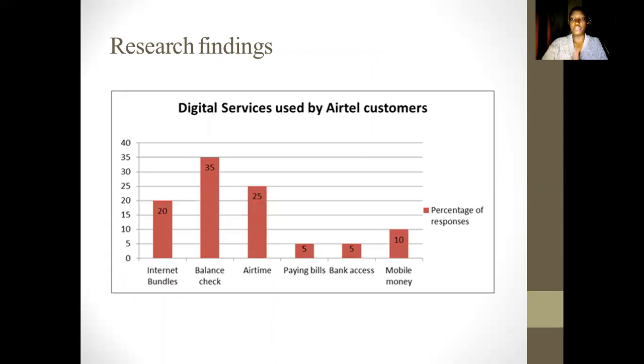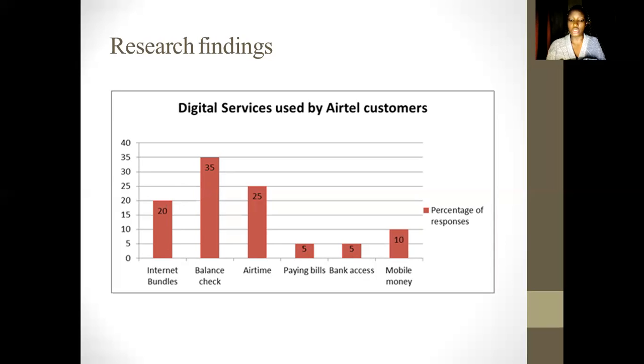So after explaining the data analysis and the methodologies that I used in the research, here are the research findings that helped me to answer my research questions. As you can remember, in my research questions, I wanted to know the type of digital services that customers used.